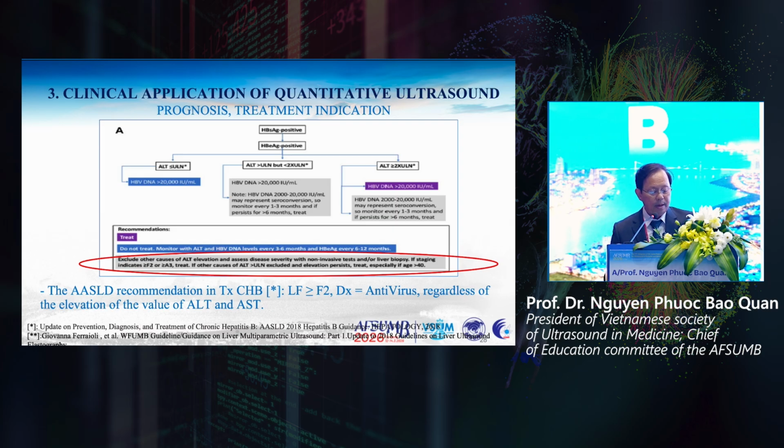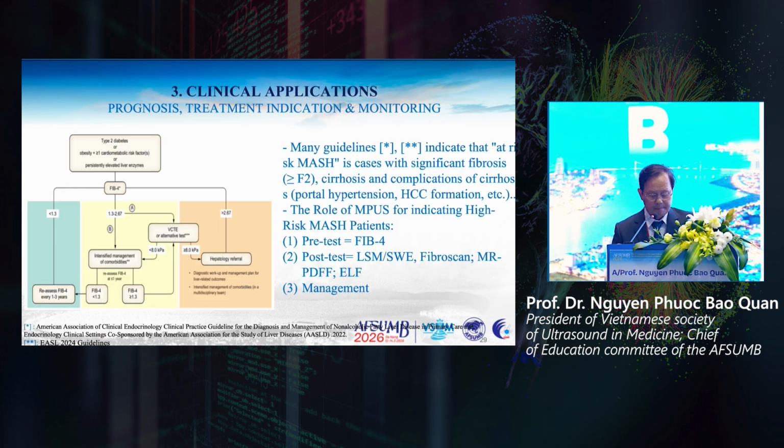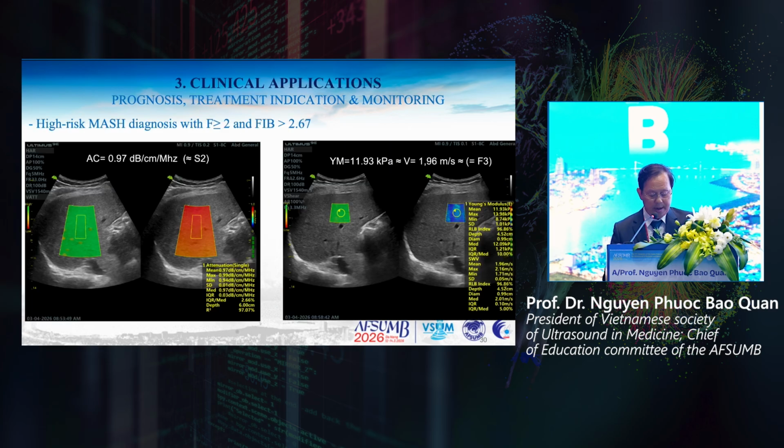But in case of elevation but not 2 fold of the upper limit of normal, we still have an indication to treat the patient. In case of metabolic dysfunction associated steatohepatitis, if the patient has liver fibrosis F2, we pay attention to treatment for the patient.